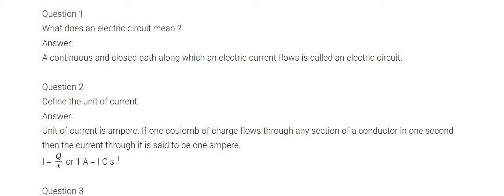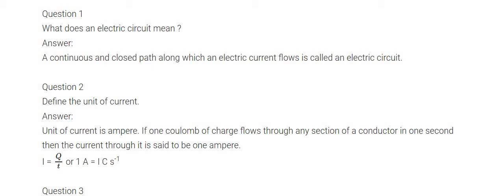The next question is: define the unit of current. As we know, the unit of current is the ampere. If 1 coulomb of charge flows through any section of a conductor in 1 second, then the current through it is said to be 1 ampere.